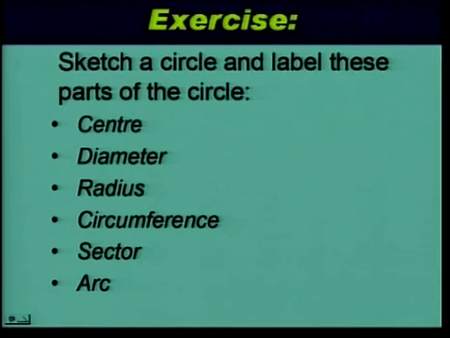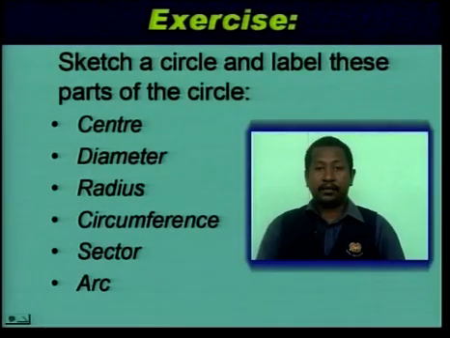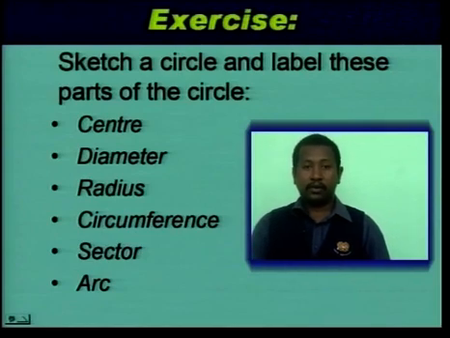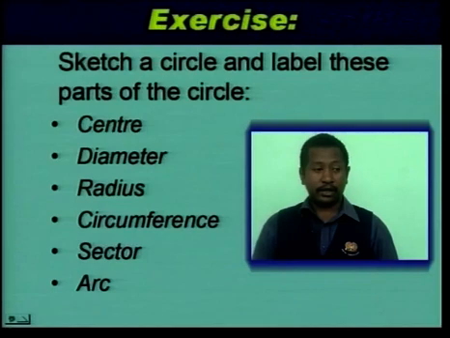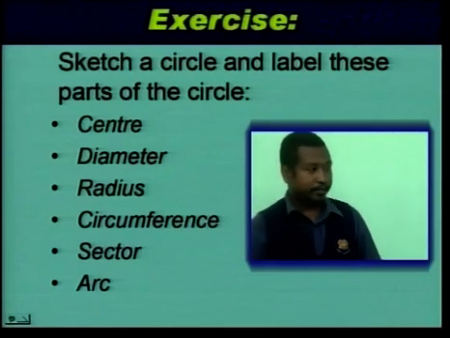You are only given 5 minutes to do that, and then we'll see if you have named the parts correctly. To the receiving teacher, please check your students' work and see if they have drawn a circle and also labeled the parts of the circle. With that, 80s and receiving students, you can start now.